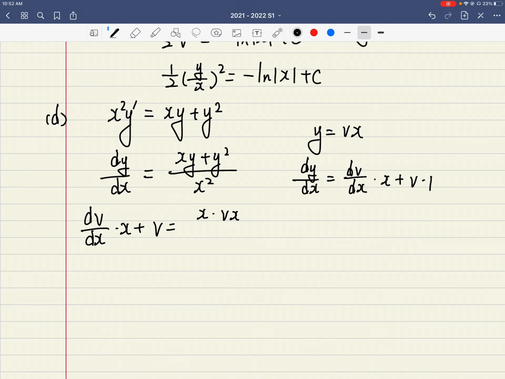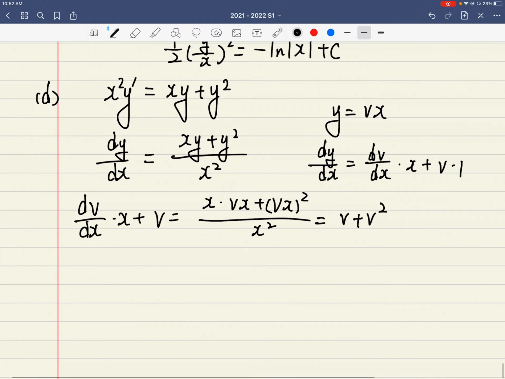It's x times vx plus (vx) squared, over x squared. So you simplify, it's going to be v plus v squared, because the x squared on the top and x squared on the bottom can be canceled out. So these v's cancel out. So we have dv over dx times x is equal to v squared.